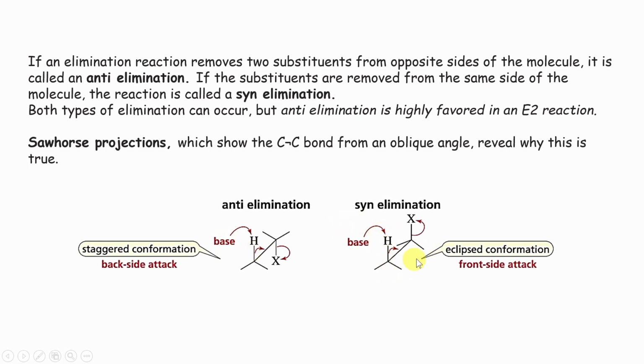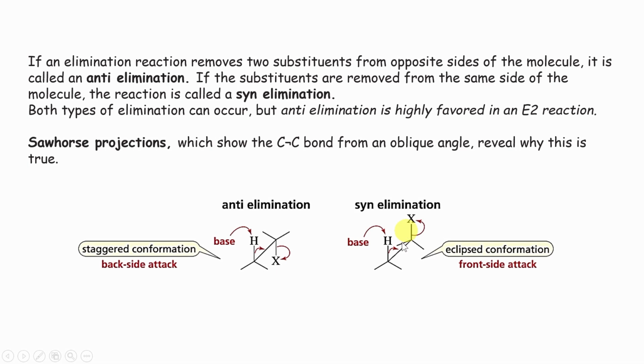But in syn elimination, the hydrogen and the leaving group are in an eclipsed conformation. It is a less favored conformation, whereby the base is forced to capture the proton from the front side, since only front side attack is possible.